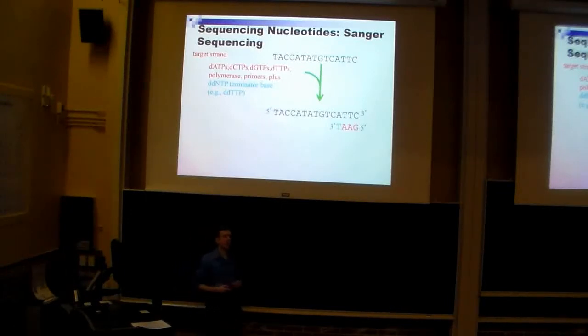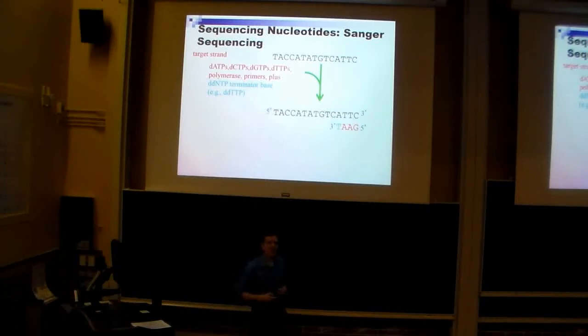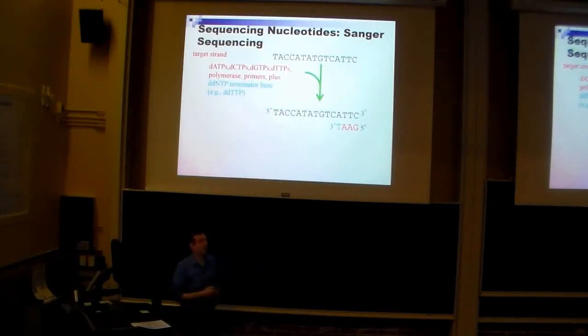A terminator base is a chemically modified nucleotide that has the property that nothing else can attach after it once it's incorporated into a sequence. So if you throw in the normal 4 bases, but you also throw in a terminator T base, let's say, then it will start replicating, but every so often you'll incorporate a terminator T complementary to an A. And once that happens, the replication is stuck. That strand can't replicate any further.